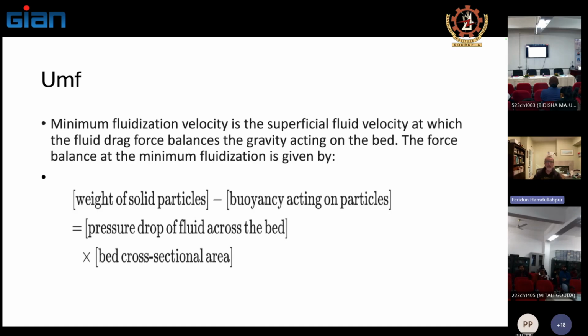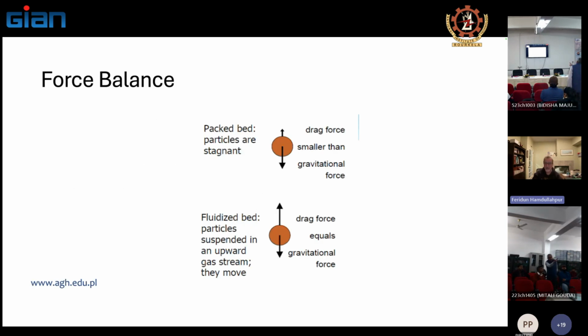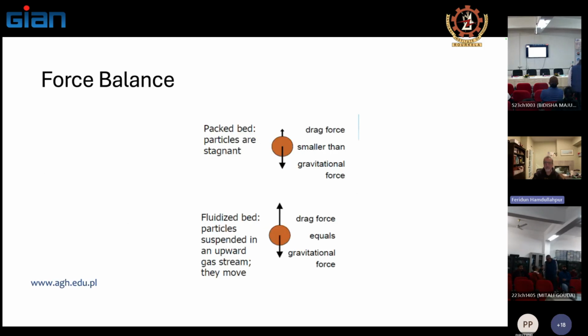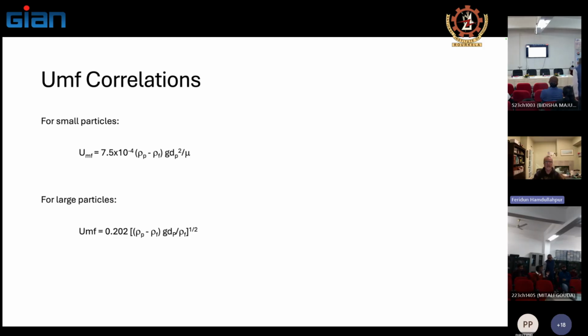Then this will be equal to the pressure drop of the fluid across the bed, okay? That is the pressure when the air entered the bed minus the pressure when it is leaving the bed, and this is the pressure drop, which you multiply by the cross-sectional area. That will give you the equation that is required to calculate the minimum fluidization velocity.